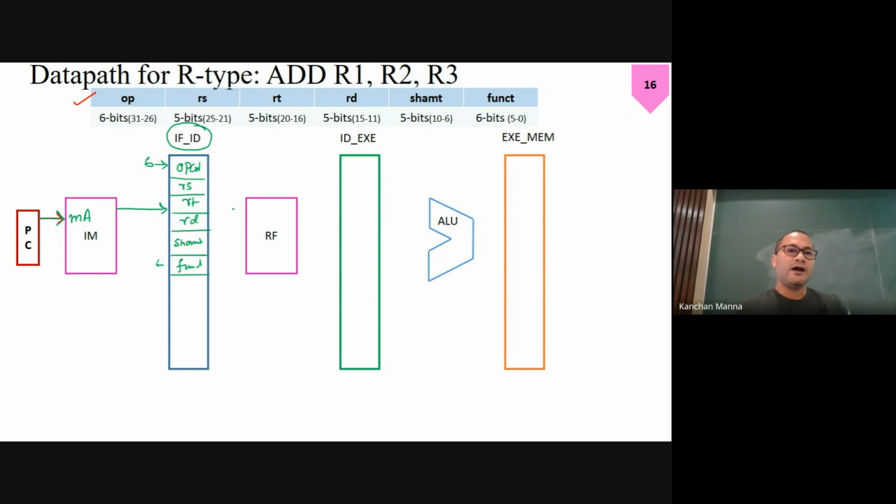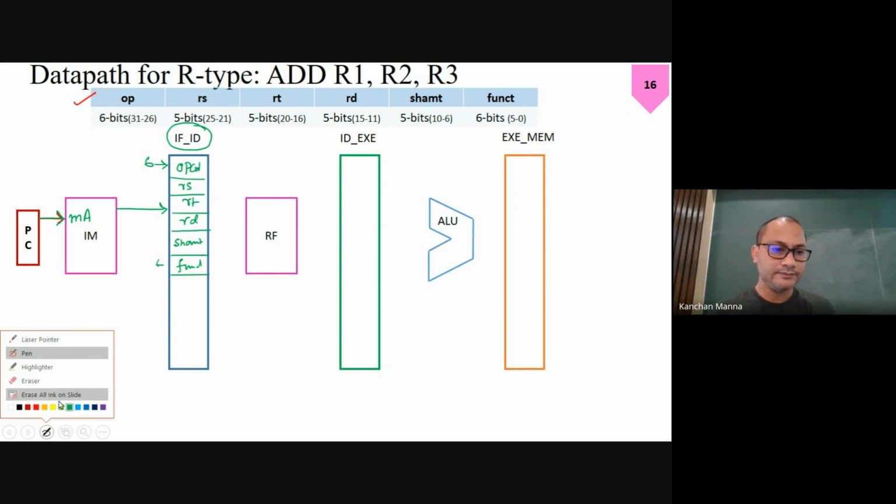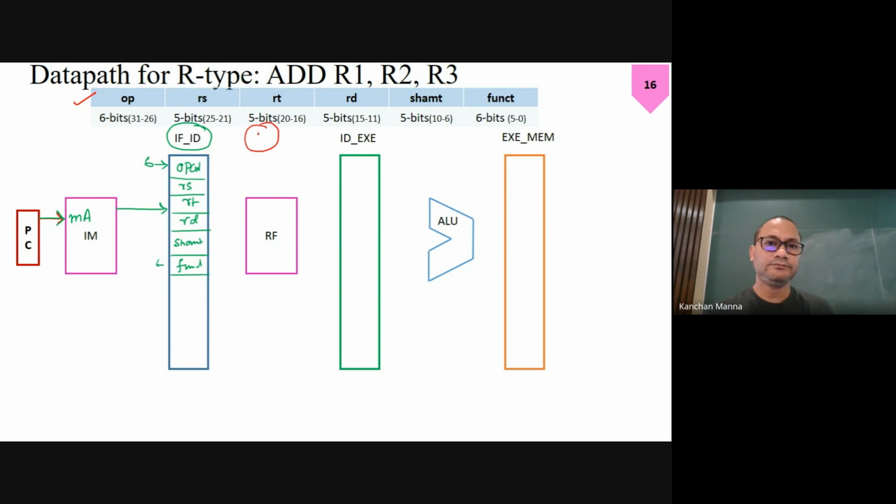Okay. Now after this, what do we have to do? We have to decode. So for decoding, this opcode will go to the controller. Let's say we have one controller here.